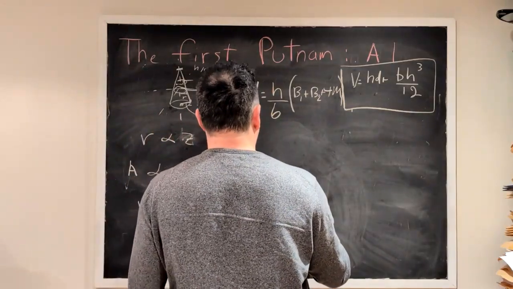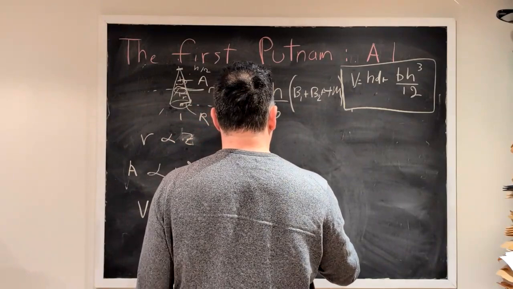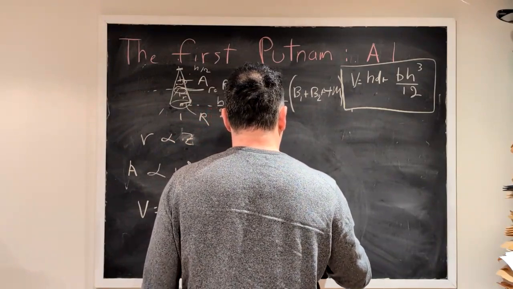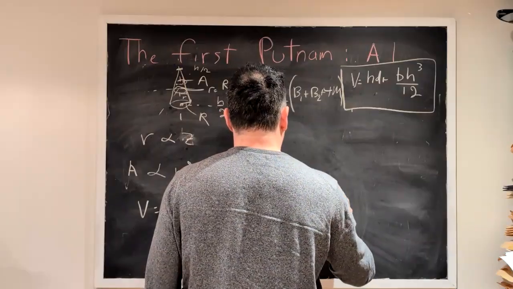So we have plus 4 times pi times r over 2 squared.